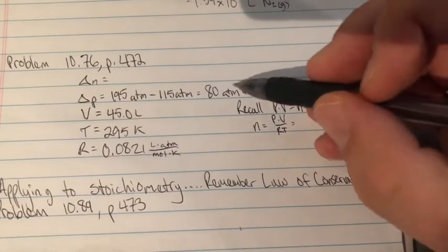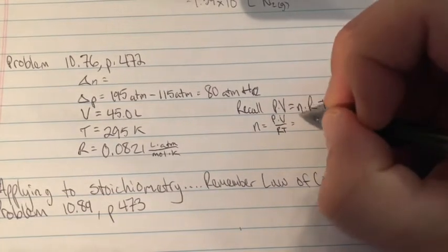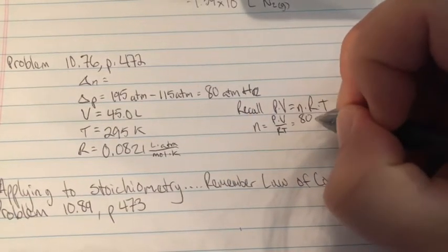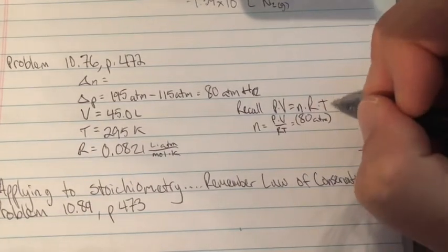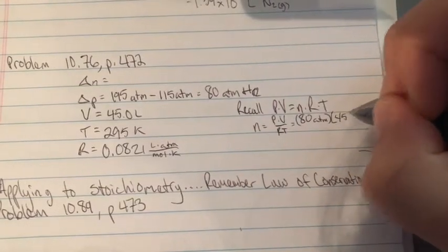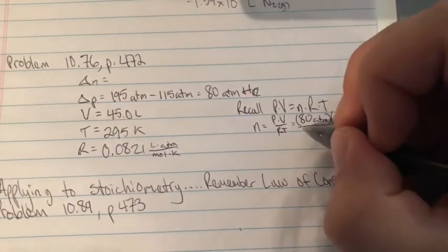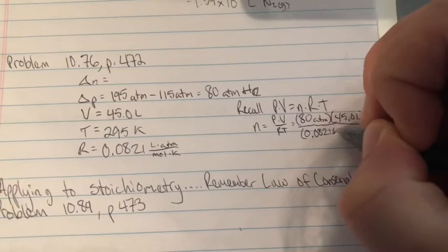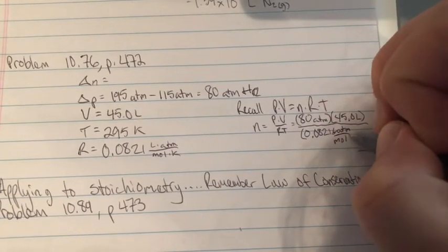Okay, so that change in pressure is going to get plugged into where P is. So you're going to put 80 atmospheres times the volume, which is 45.0 liters, over 0.0821 liter atmospheres per mole Kelvin.